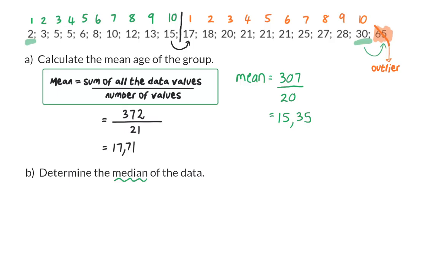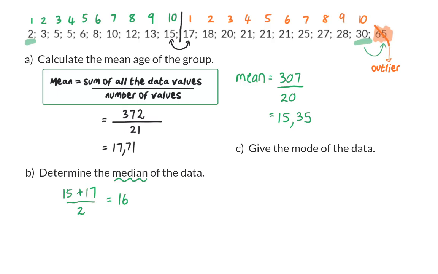So now we need to get the middle of 15 and 17. To do that, we can add 15 and 17 and then divide by 2. But in this case, it's quite clear that the value in between 15 and 17 is 16. So the original median was 17, and now the new median is 16.